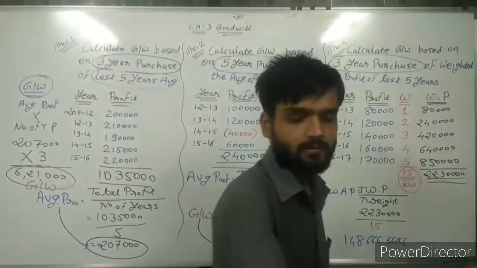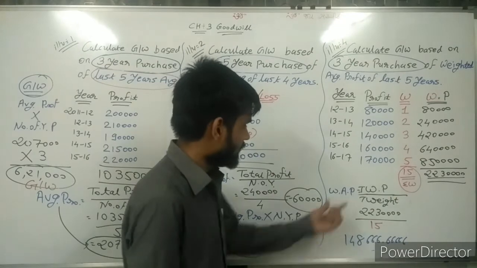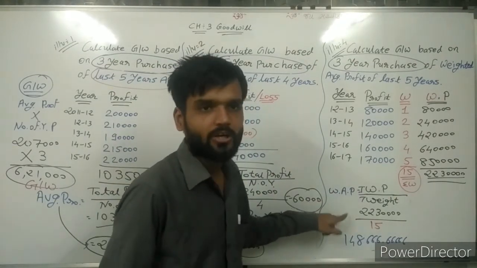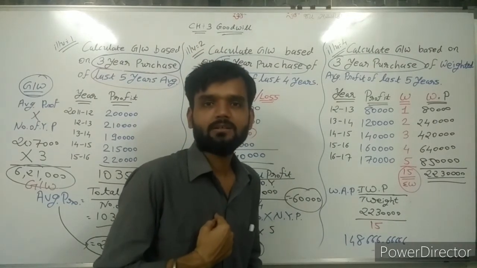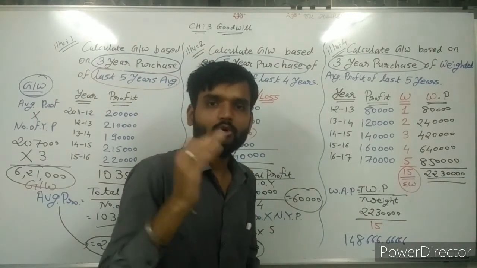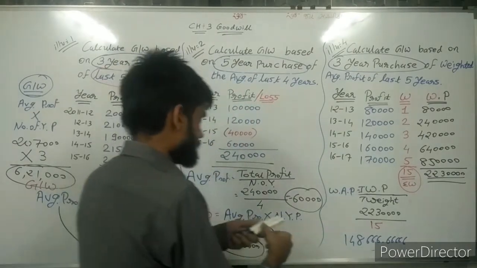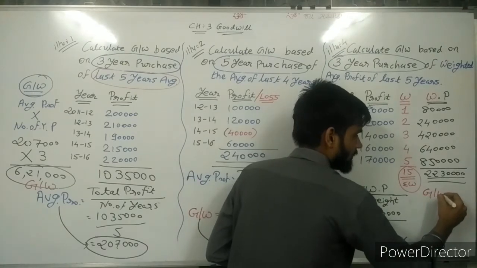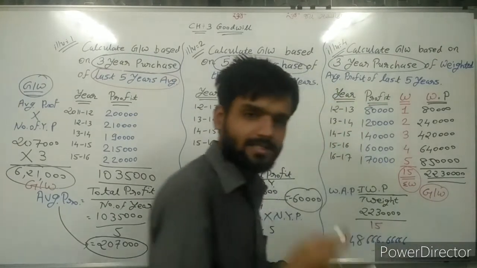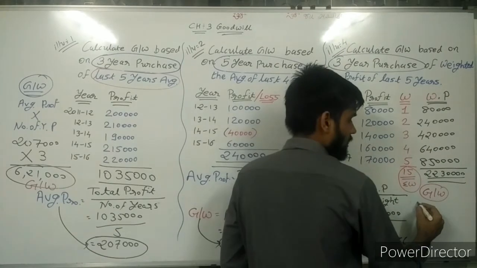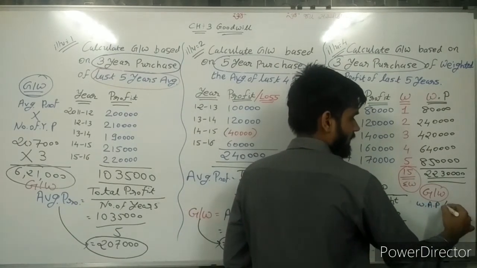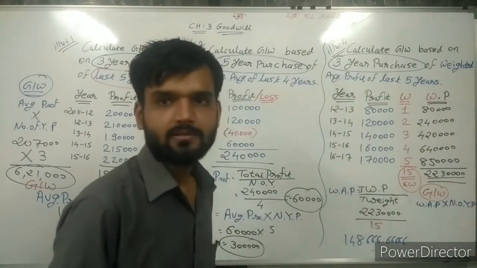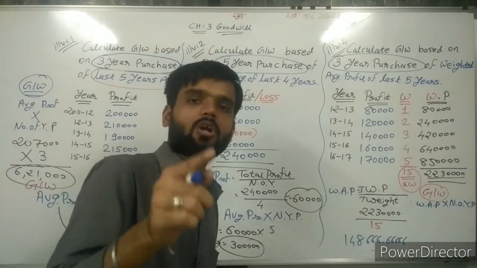So it is my weighted average profit. Now on this weighted average profit, what do we need to find? Sir, we need to find goodwill, and goodwill is very easy to calculate. How can we find goodwill? Goodwill is equal to weighted average profit into number of years' purchase.